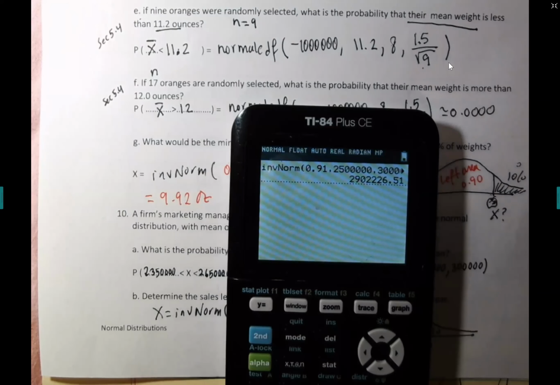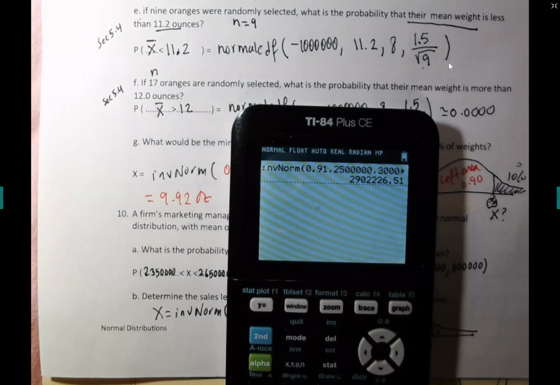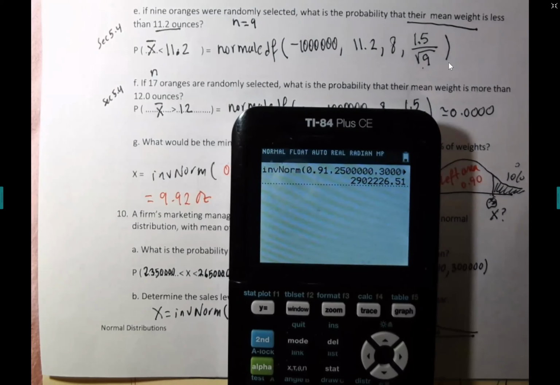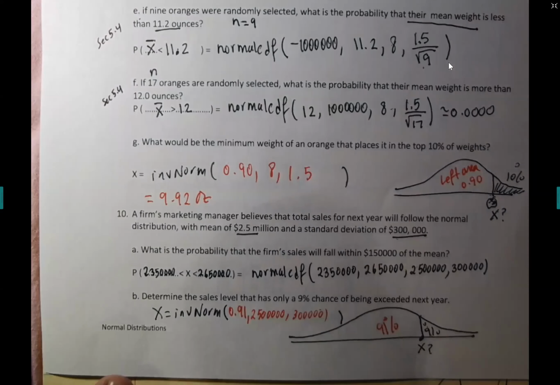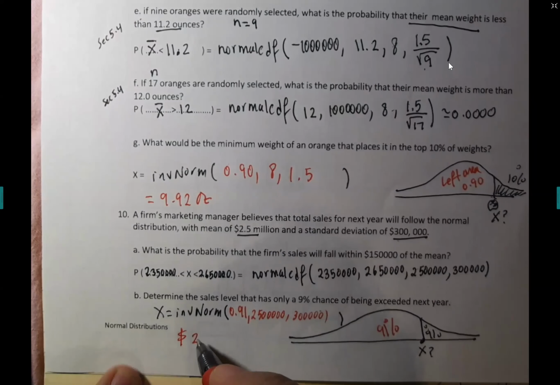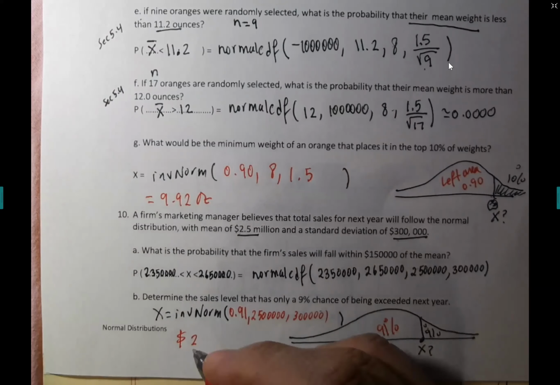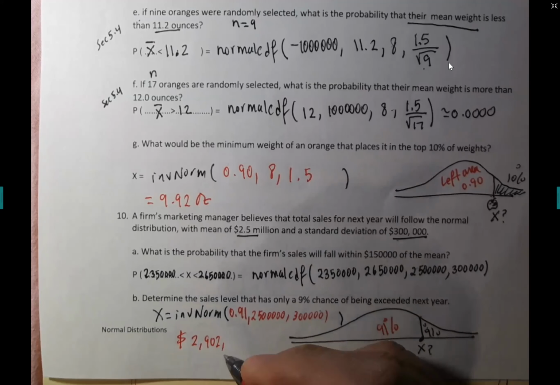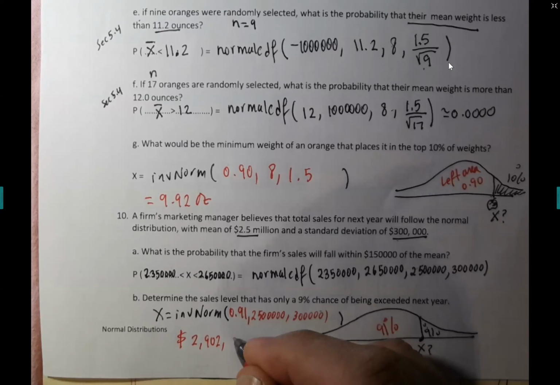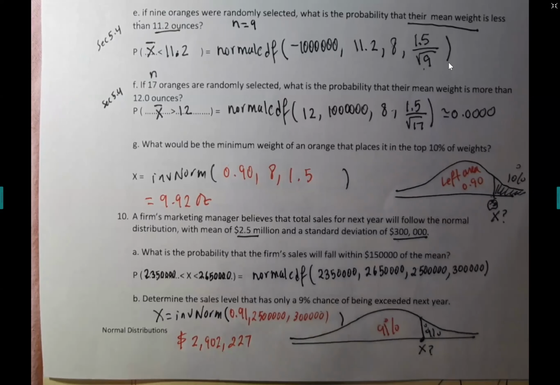And I got 2,902,227 if I want to round it to the nearest dollar. So $2,902,227.